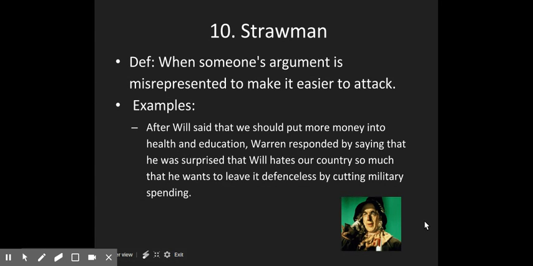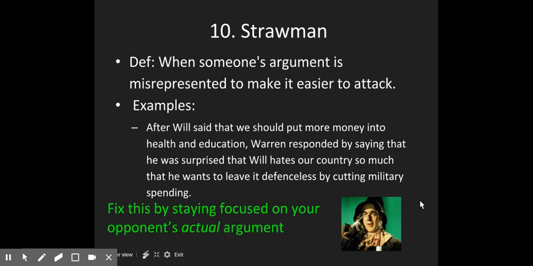And it's not a good way to argue. If the audience is paying any attention, they'll realize this and think Warren is being a jerk and probably a bad debater. But if they're not paying attention, it can sometimes work. So we have to be careful and watch for it. So you fix this by staying focused on your opponent's actual argument.